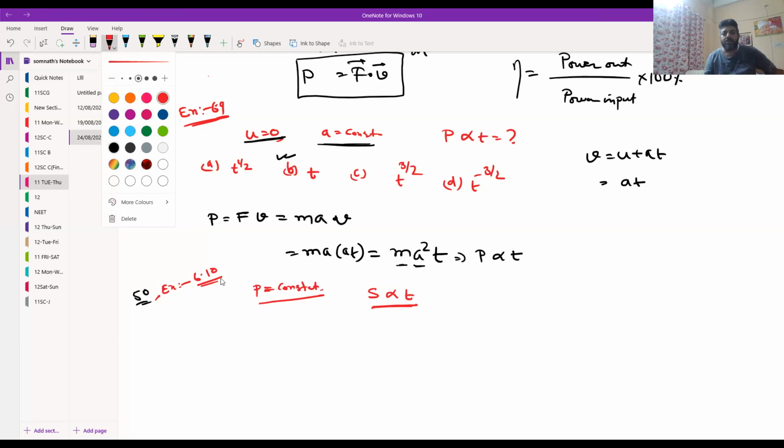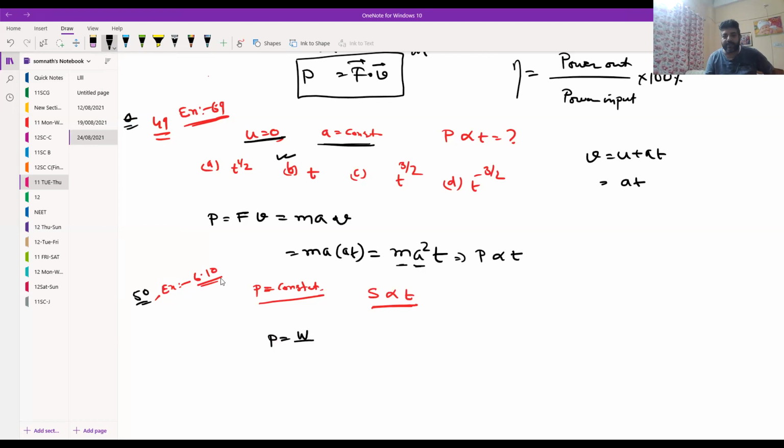So আমি কিভাবে করব এটা দেখ, we know power, that is work done by time, so work done is power into time.